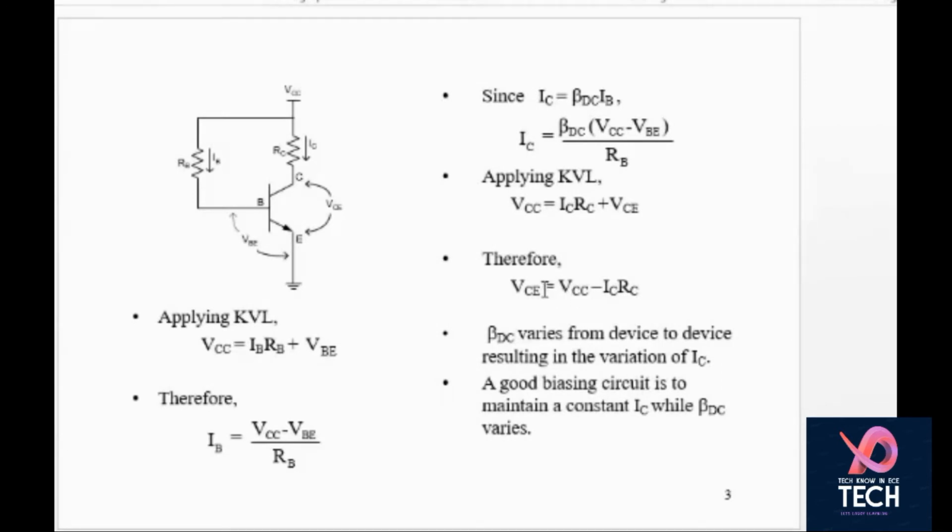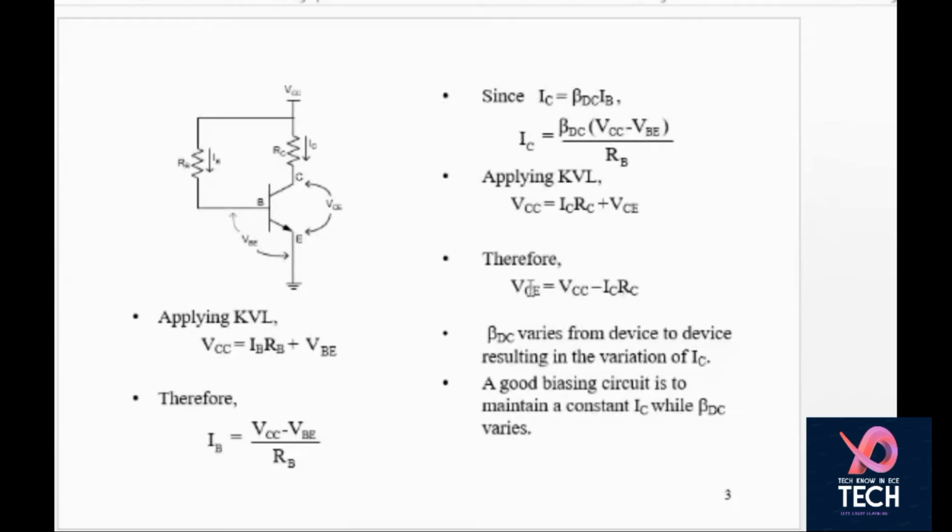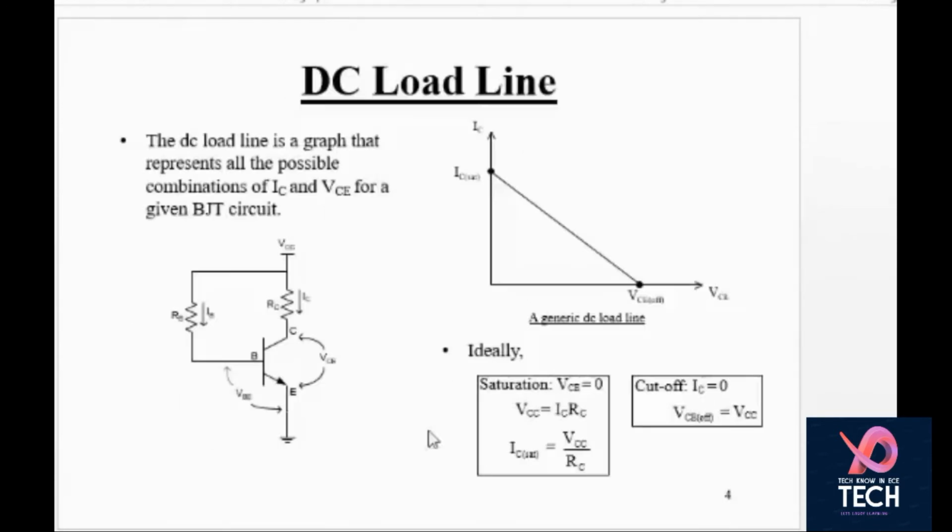When you're calculating the point on this axis, at this point VCE is equal to 0. So when you substitute VCE equal to 0, this becomes 0, so VCC is equal to ICRC. This gives you IC saturation is equal to VCC by RC. This is the point you will mark on this.